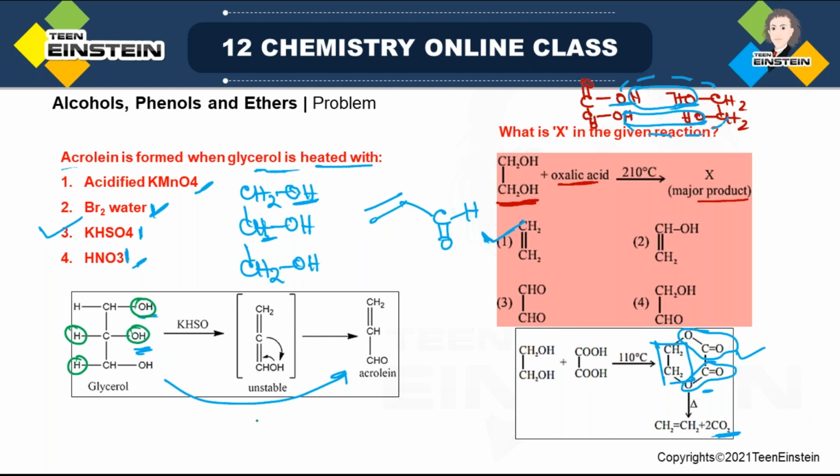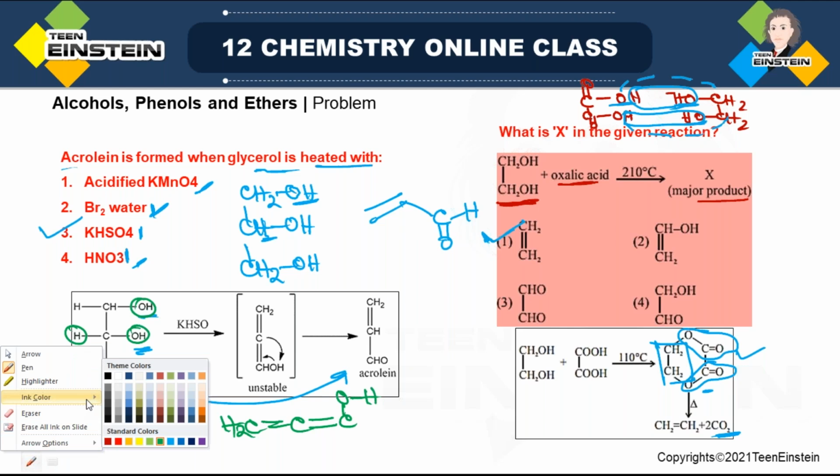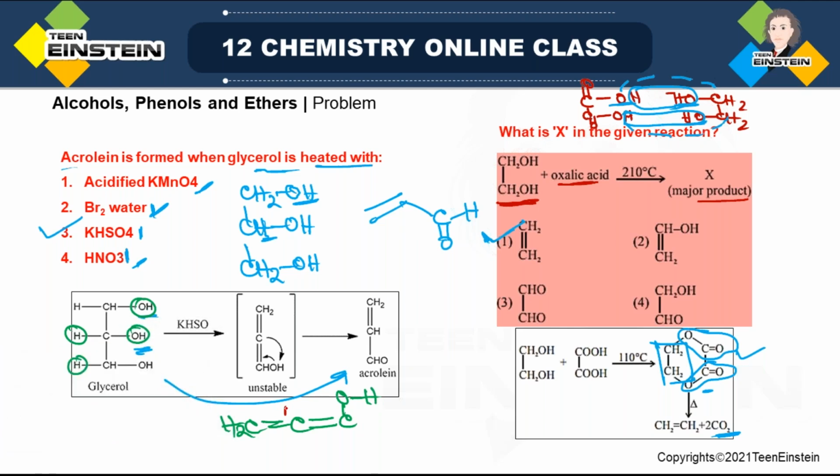Now this type of structure, if you write it in this way, you can easily understand. This part is actually an enol. So there will be keto-enol tautomerization. This part will be intact, there is no change.